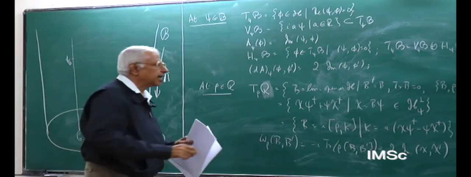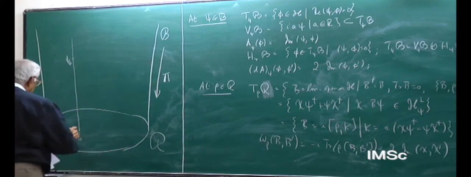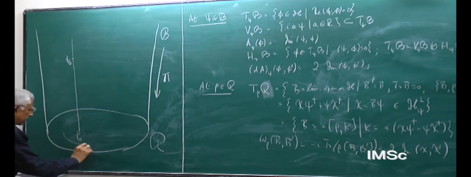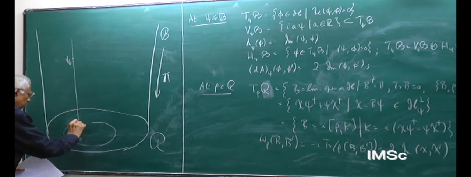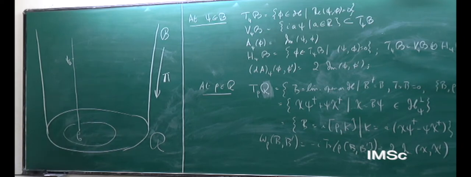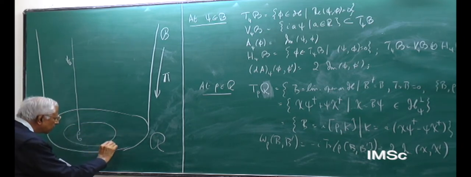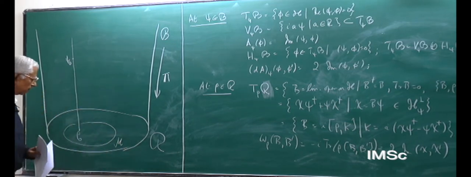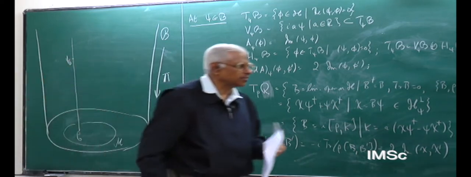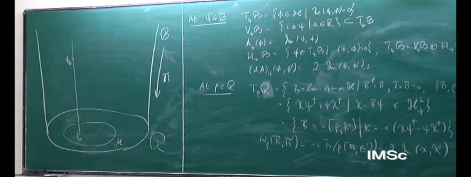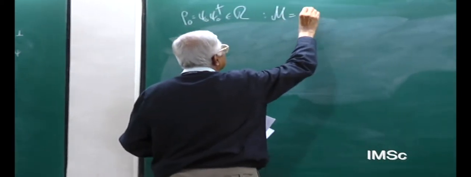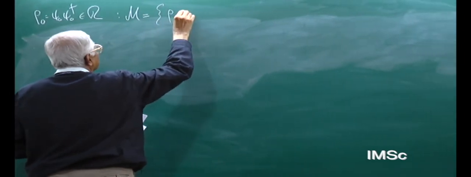Then I will define a certain neighborhood of this point rho 0. I will give it a name. I will call it script m. Maybe I should say script n for neighborhood, but in my notes I have written m. So let us define this m in the following way.